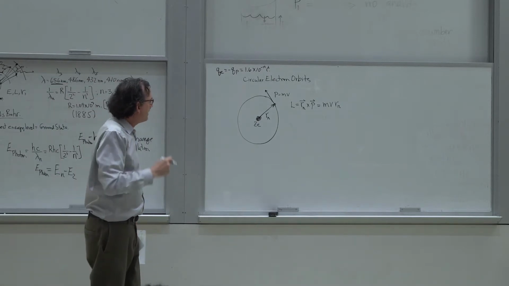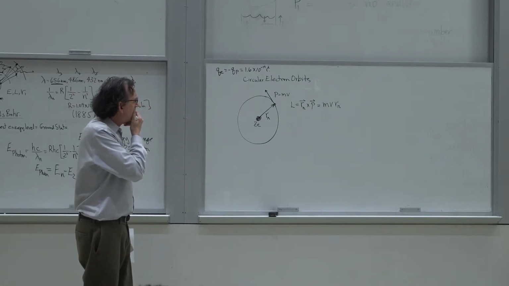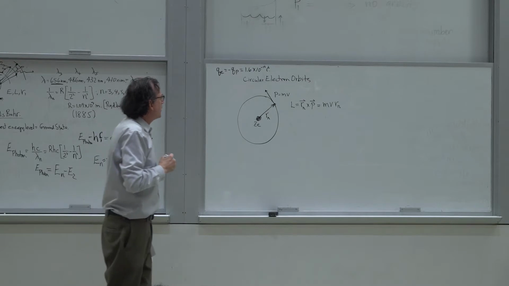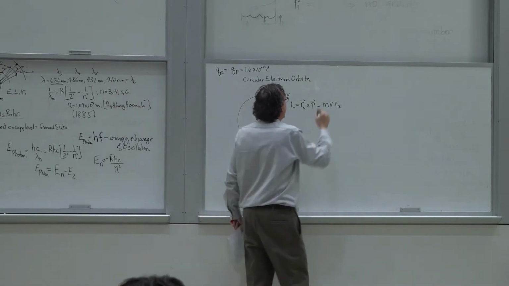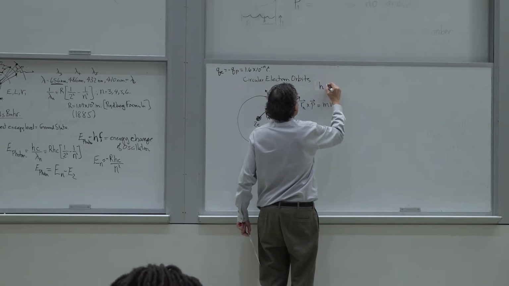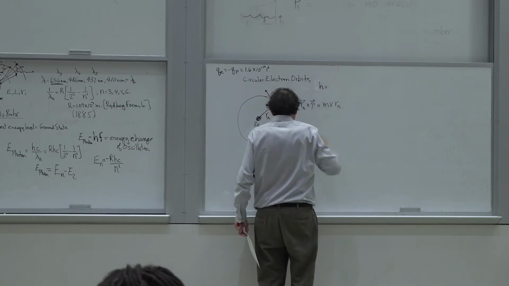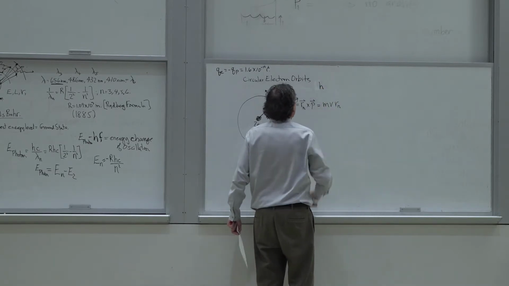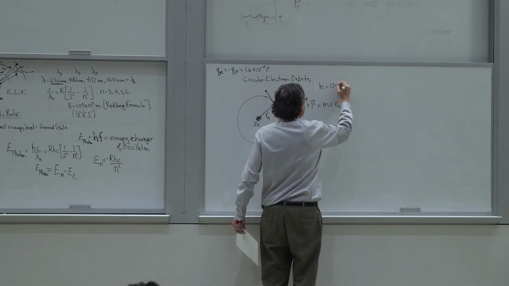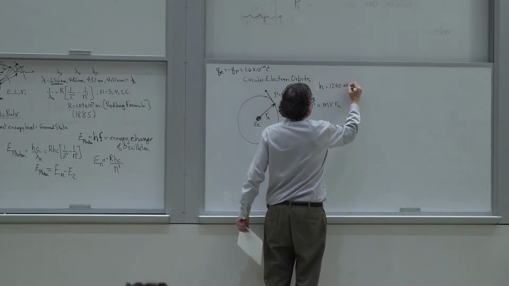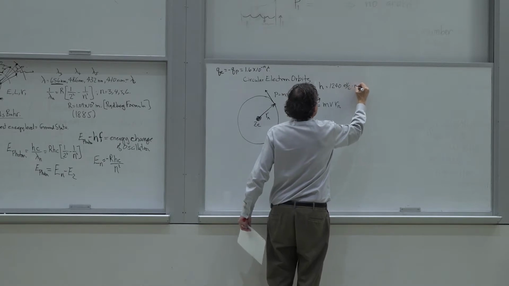Okay, so that's angular momentum. Now, Planck argued that h has units of energy times time, and the value of h is 1240 eV over c nanometers.